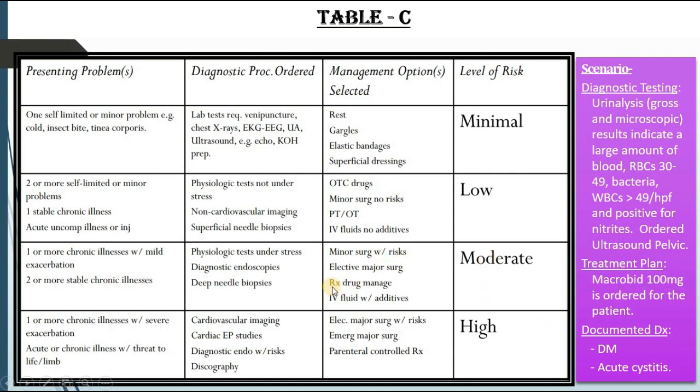So RX drug management means prescribed drug given, so our level goes from low to moderate. Why? Because of the prescription. Because of diabetes mellitus the level is low, but after checking the prescription you have to assign moderate. So as per this scenario, our MDM risk should be moderate.